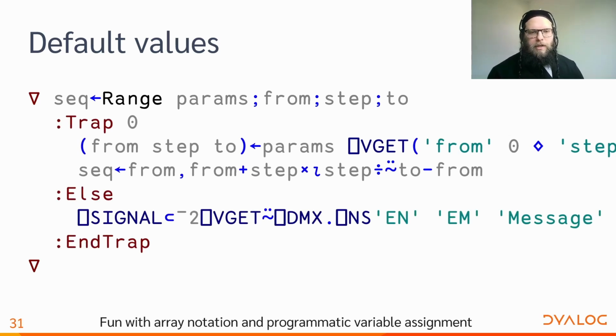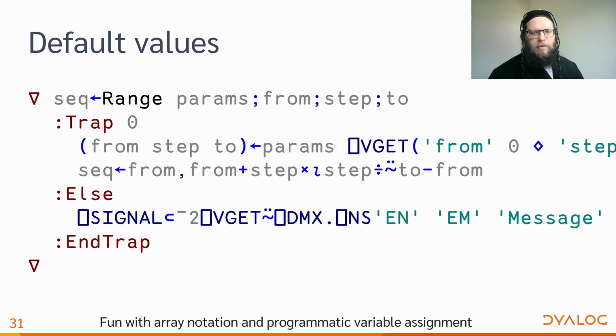And then we want to propagate this error up to our caller. Traditionally, you'd have to extract from quad_dmx, which is a namespace containing the error information, the exact pieces, and you have to create a proper argument for quad signal using this. It's tedious and error prone and repetitive. But here we can use these new system functions and extended system functions to do the exact same.